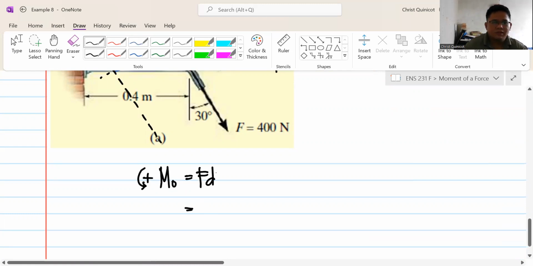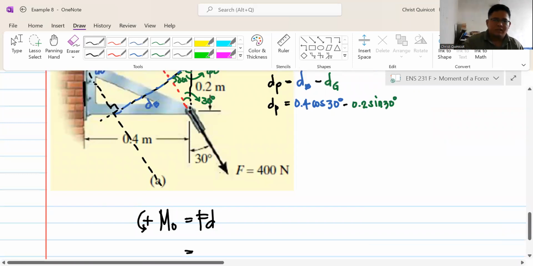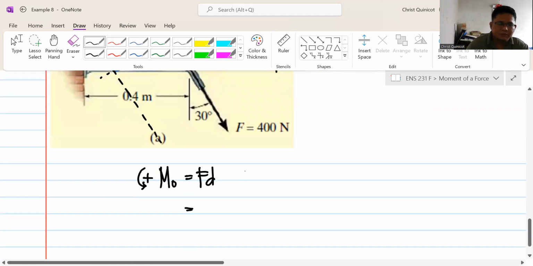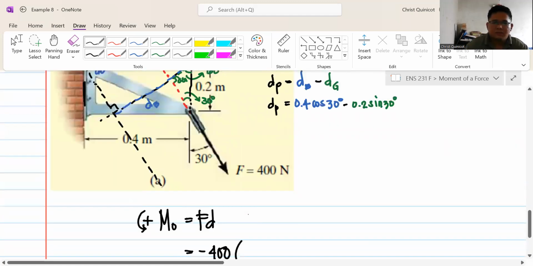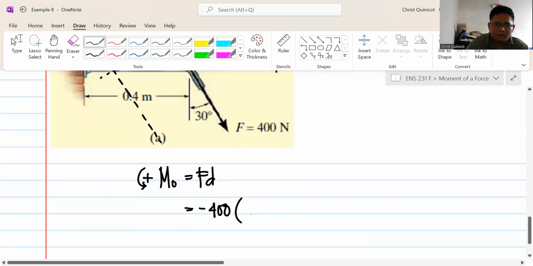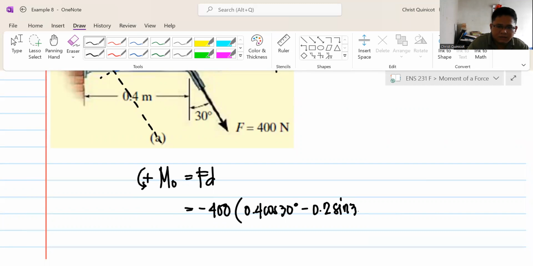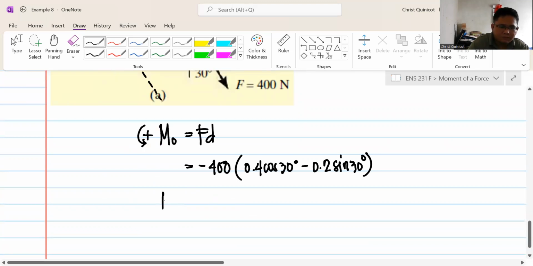We observe that the 400 creates a clockwise rotation about point O, so this becomes negative 400 times the entire D perpendicular, which is 0.4 cosine 30 degrees minus 0.2 sine 30 degrees.